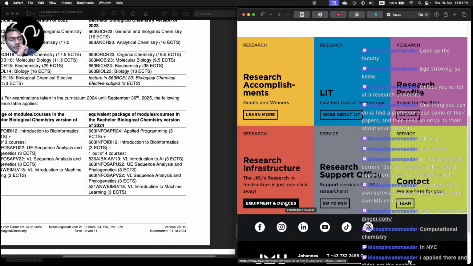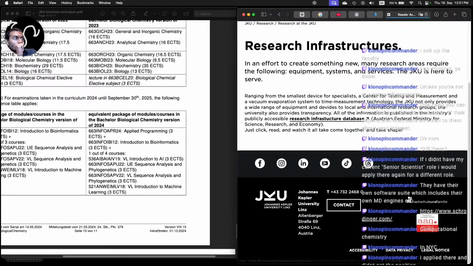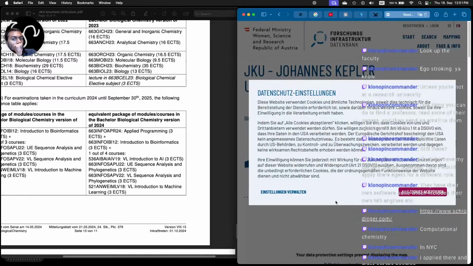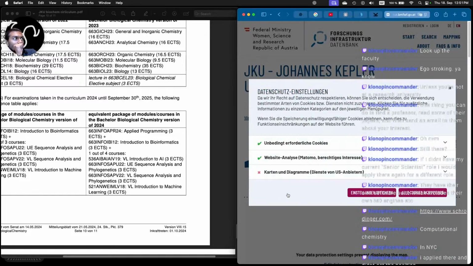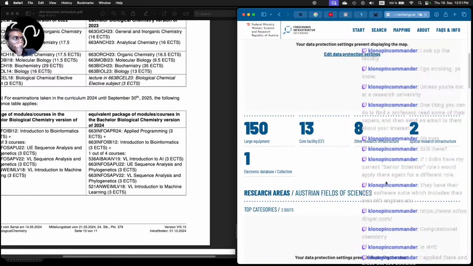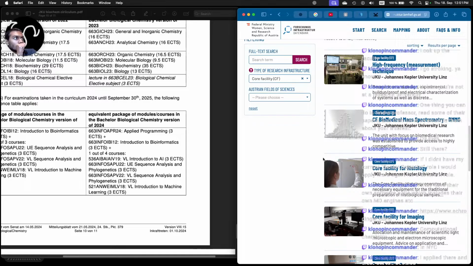I think it's on the infrastructure. 13 core faculties.